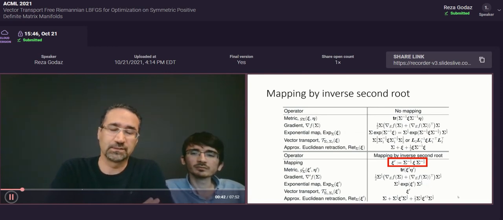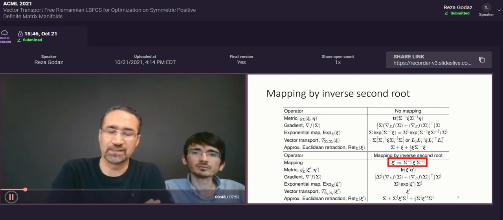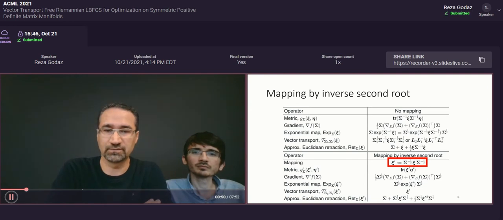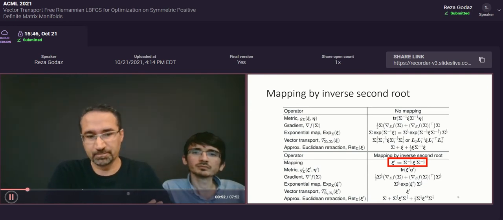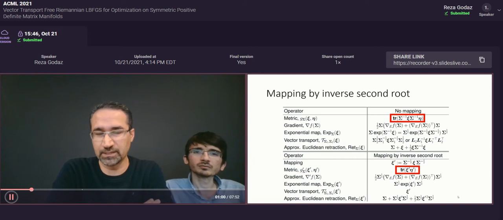Our first mapping is named inverse second root. As you can see here, our mapping is applied on a vector at the tangent vector of a point. After applying our mapping, the Riemannian metric that you can see at the top of the page is changed to the Euclidean inner product, as you can see at the bottom of the page in the red rectangle.